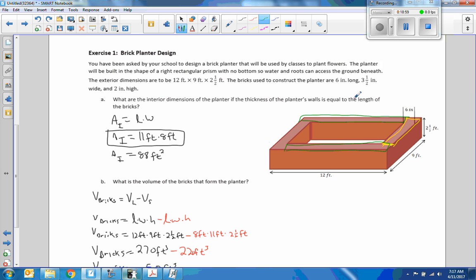So the first thing you need to be able to identify is that we can't count corners twice. So this is going to start at this exterior edge and go to this interior edge. So you see how the greens and the yellows are offset, so that every portion is covered, but there's no overlap. So when I do that, I'm cutting off a 1/2 foot of length. So now my length is 8 1/2 feet.